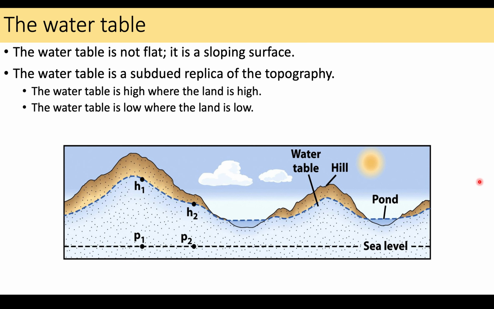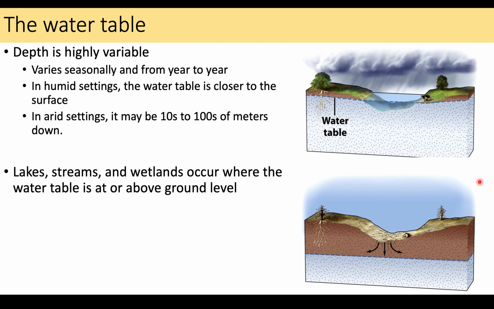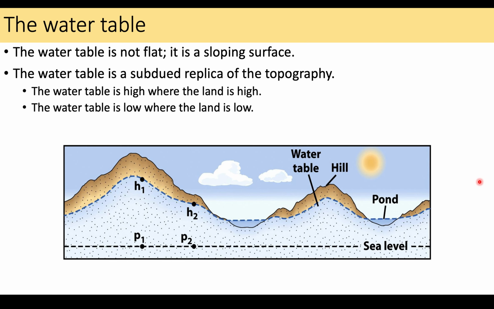The water table is not flat. In these past figures we've seen it as flat, but it is not. It generally follows the surface of the earth, so it sort of follows Earth's topography for the most part. Let's say here we have sea level on the bottom. The blue line is showing us the water table, and this black line with the beige beneath it is the surface of the earth.